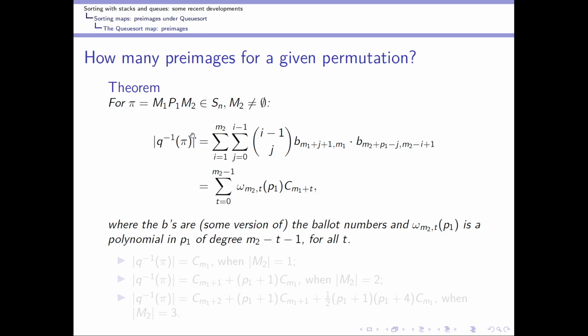So in this case, the number of preimages is given by this double summation, in which there is a binomial coefficient and this product of ballot numbers.